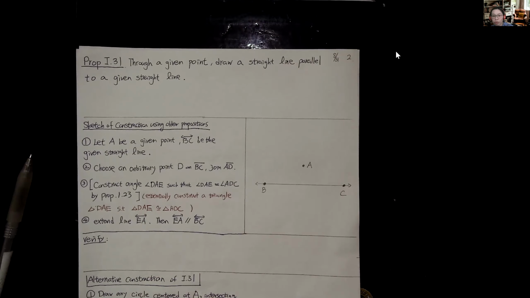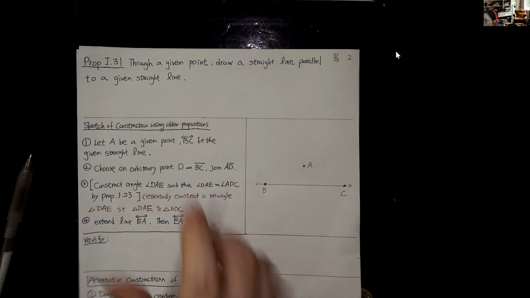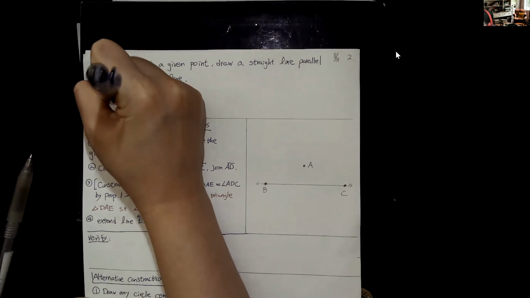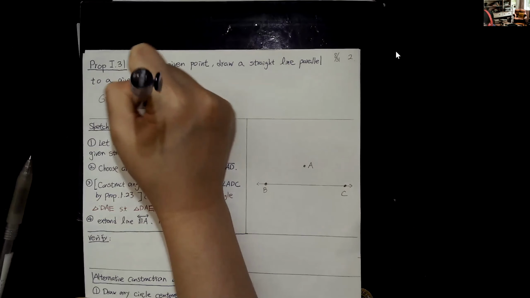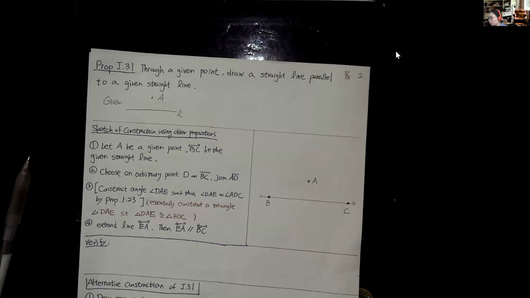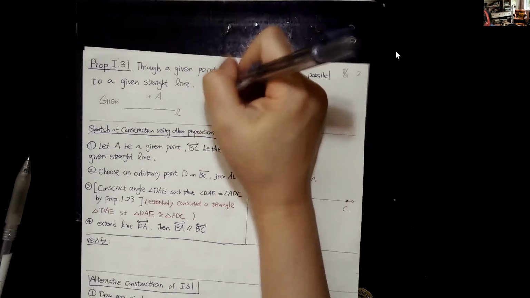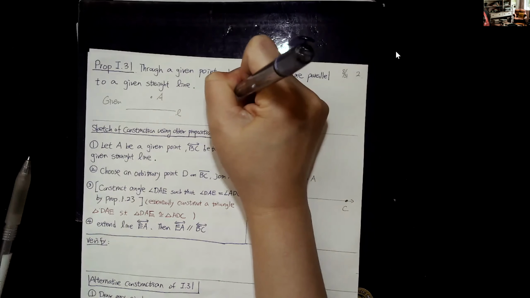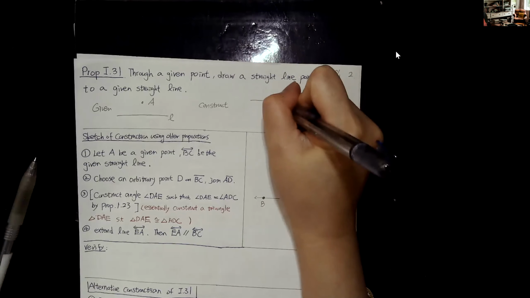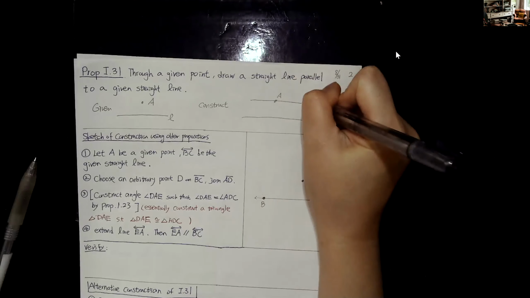1.31 is related to parallel lines. Through a given point, I want to draw a straight line parallel to another given straight line. That means given a point outside the line, so I have a line L and a point A, I want to construct a parallel line passing through A. That's the idea.